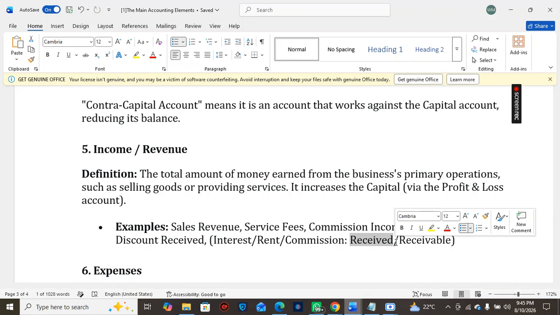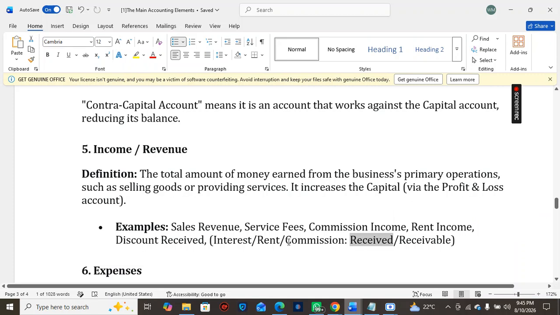Maybe that income is from a side business the business does. Sales revenue is the main income, but there can be others if the business rents out buildings or did a service for another company, where it's commission. If it even has the word receivable, just know it's a form of income.